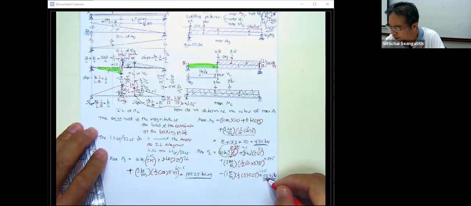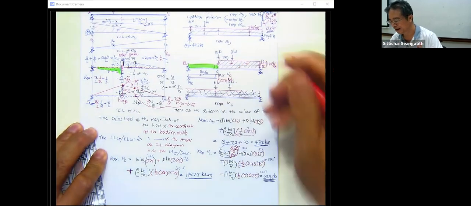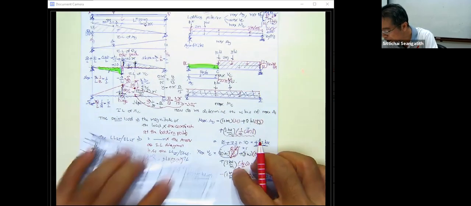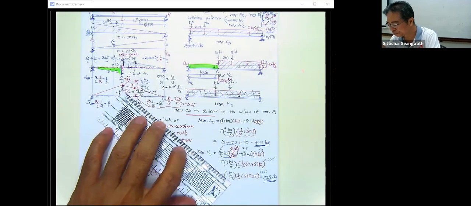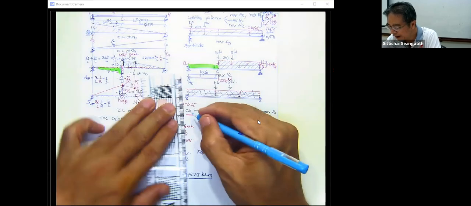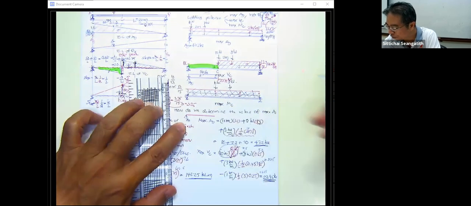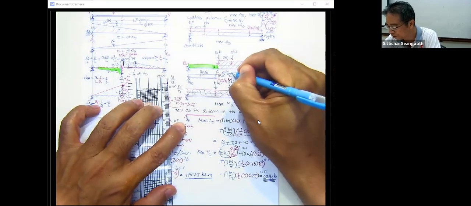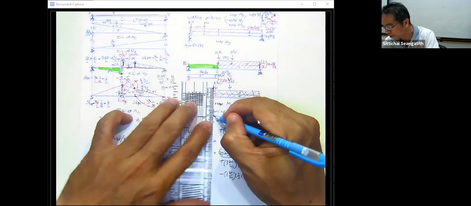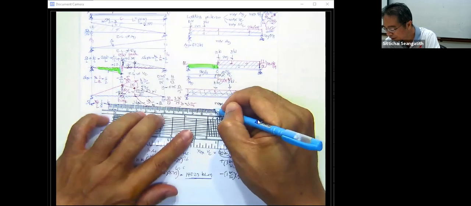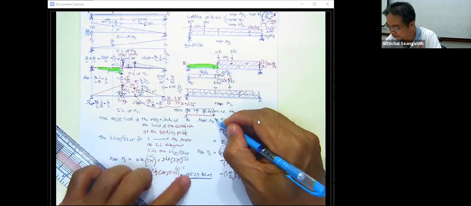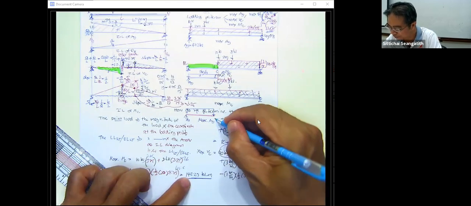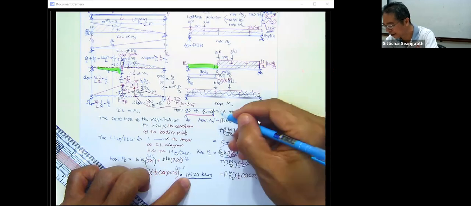This is 22.95 kilonewton. Okay, and for this one, if you do this again, you also have M sub c for this one also. And for this one, you have the load here, and then you get the moment here, 142.25 kilonewton meter, and you get this one for V sub c.